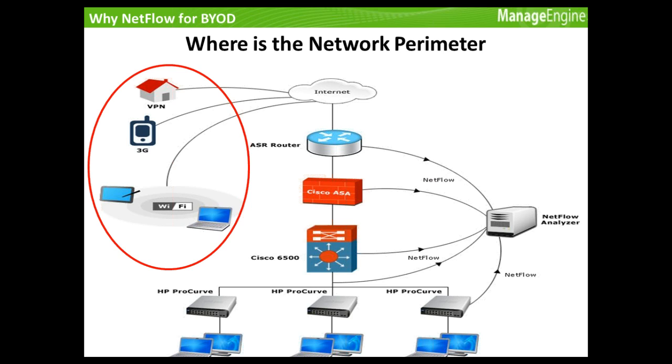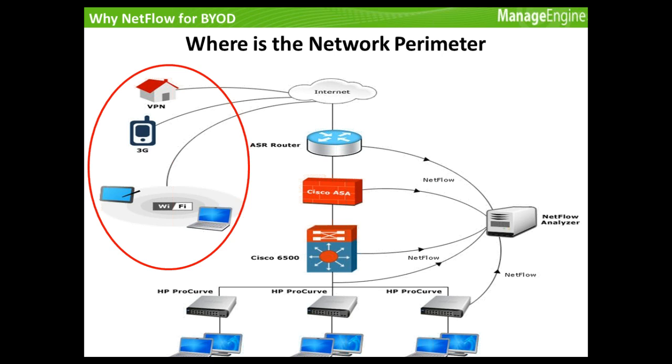So as you can see here, you have devices connecting over VPN, mobile phones over 3G, and laptops from public Wi-Fi spots. They all connect to your network using different technologies, and all this traffic reaches your LAN. So how do you put a control on them? You can't simply use an access control list, because an ACL is not going to block your trusted devices or devices that are part of your network.